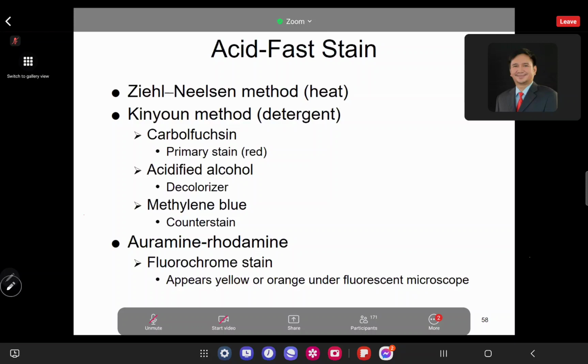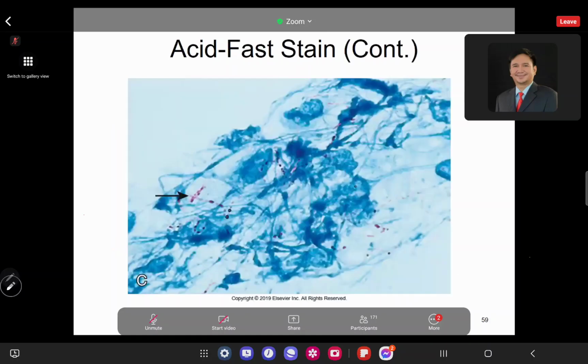Therefore, you have to look for yellow or orange structures. And these are your acid-fast organisms. Acid-fast staining is useful for diagnosing tuberculosis as well as your leprosy.